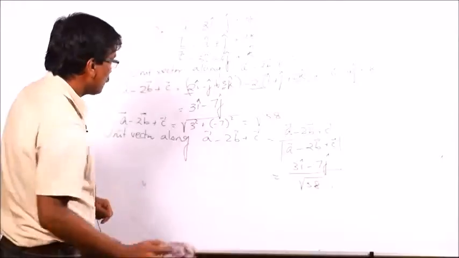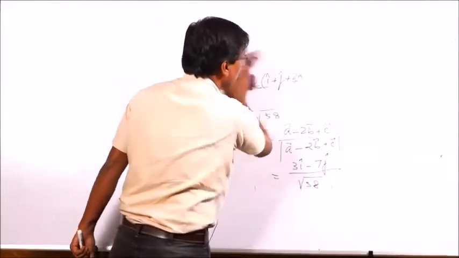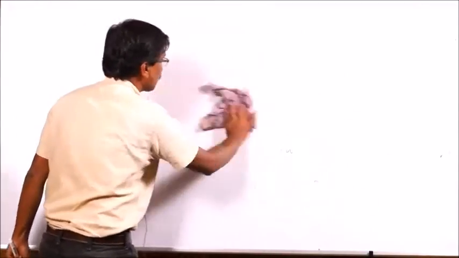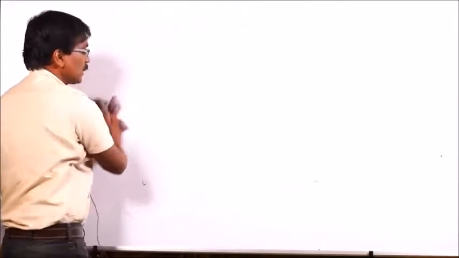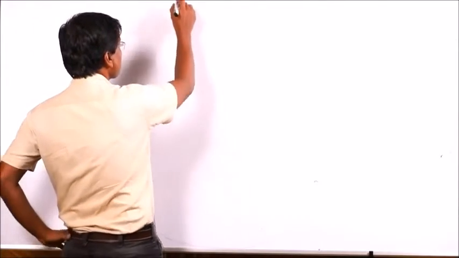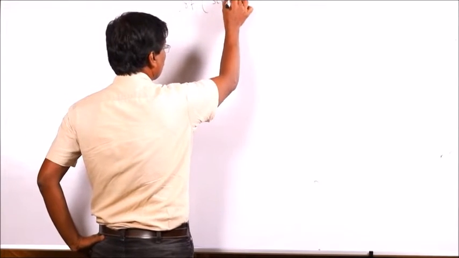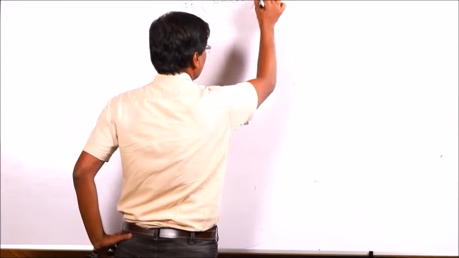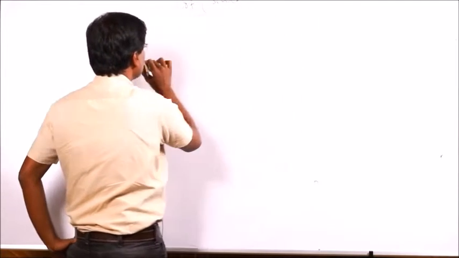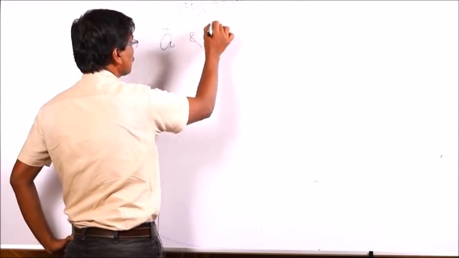Next we come to product of two vectors. First we will discuss the scalar product of two vectors, that is dot product or scalar product. Suppose we have two vectors, A vector and B vector.